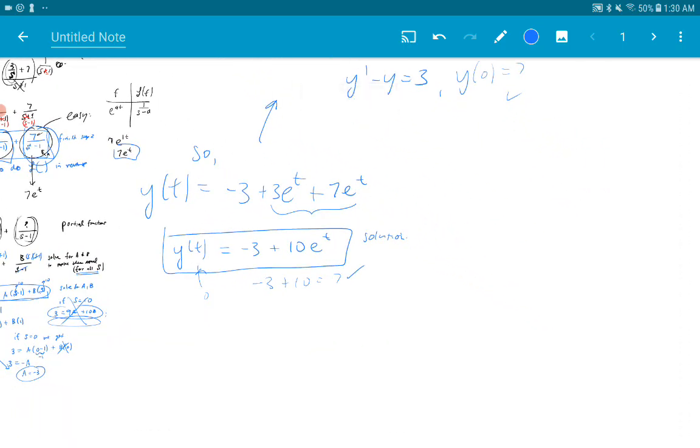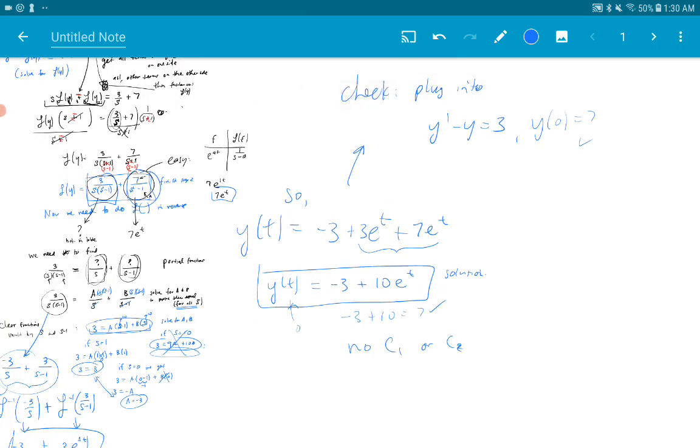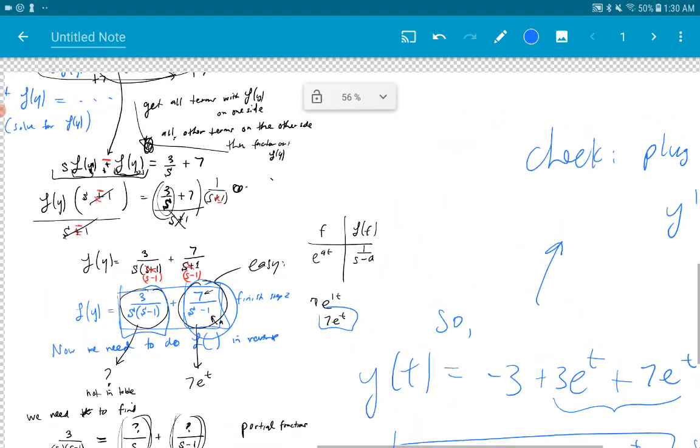unlike the old methods, we can't get a general solution. So there's never going to be a C1 or C2 in this, like you sometimes get. Why? Because we already used our initial conditions. In the old technique, we would use our initial conditions at the end of the problem to find C1 and C2. But in this technique, we replaced y of 0 early on.